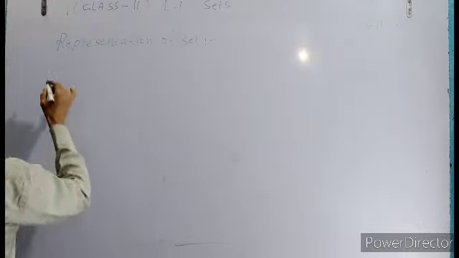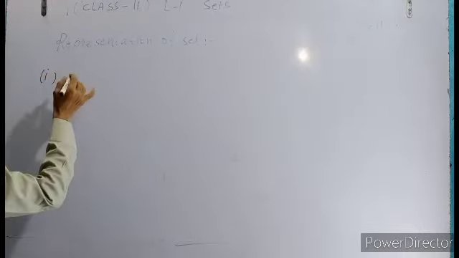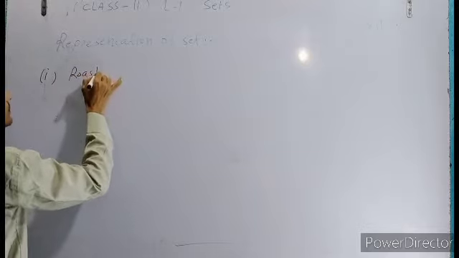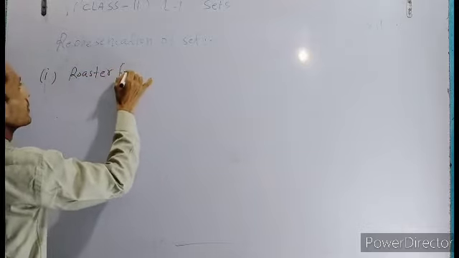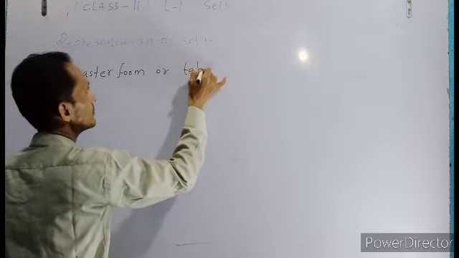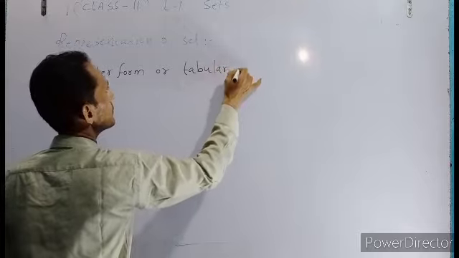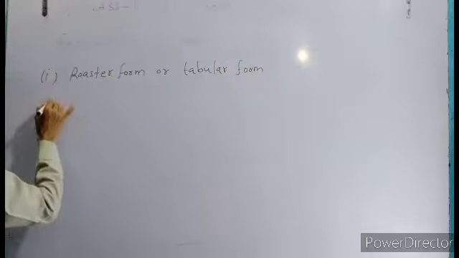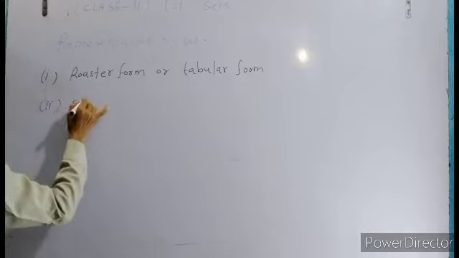There are two ways. Number one, roster form or tabular form. The second one is the set builder form.